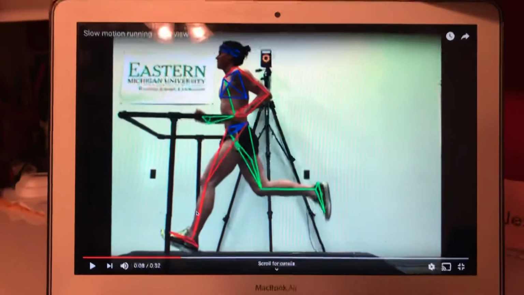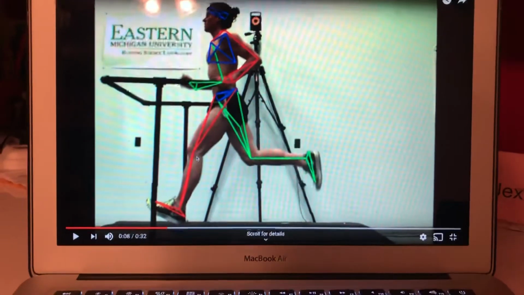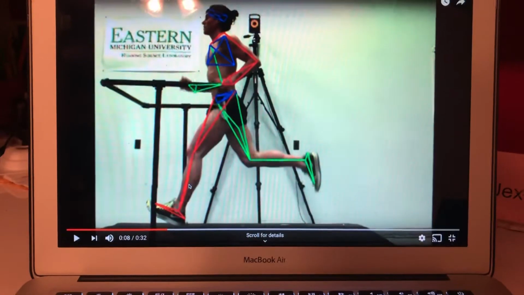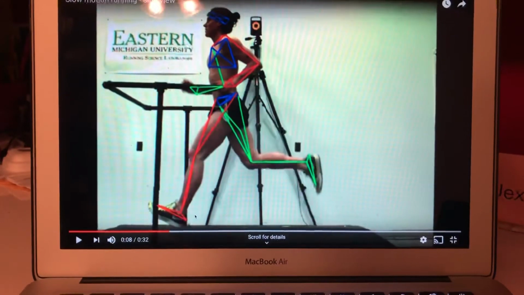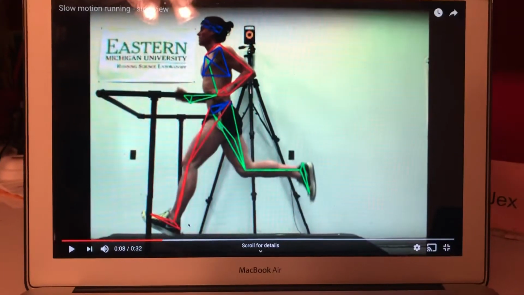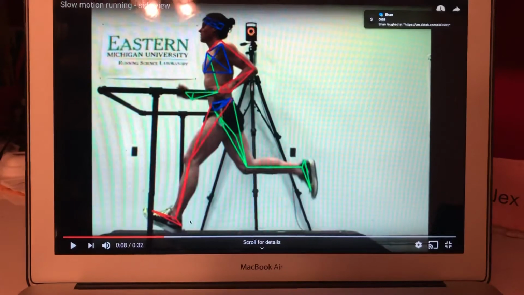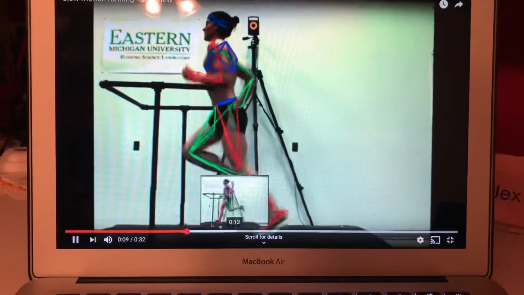And so looking at his knee angle, it's pretty much extended. You can argue maybe that's slightly flexed, but it's pretty extended for the most part. And again, that ankle is plantar flexed. But then as we go into the loading phase, what we're going to see is that the knee starts to flex and the ankle starts to dorsiflex. So we see that dorsiflexing going on.